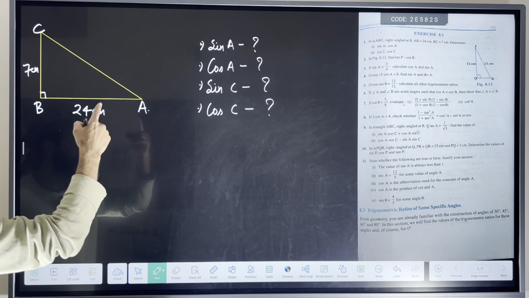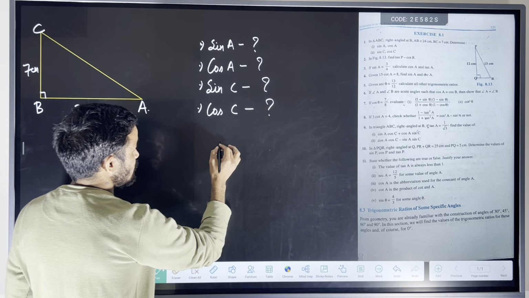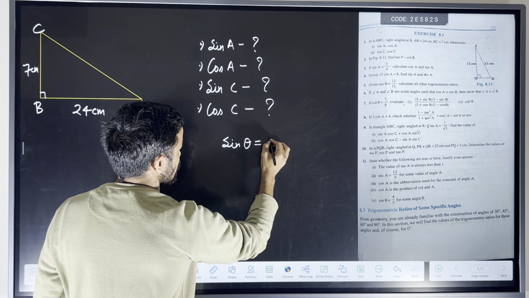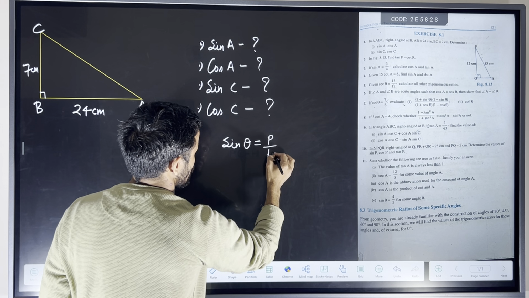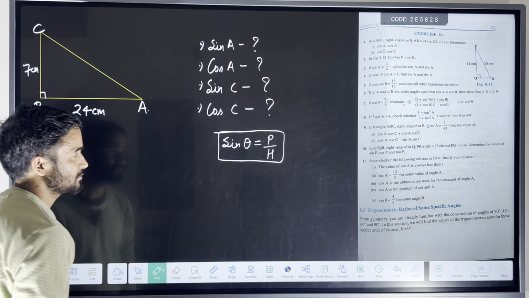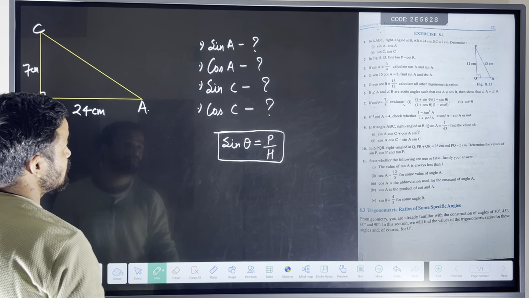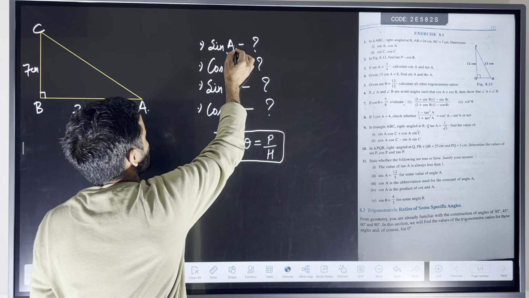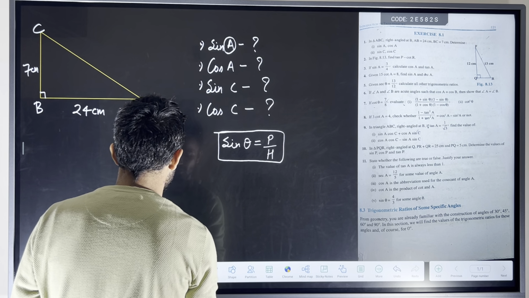As we all know, sine theta is equal to perpendicular upon hypotenuse. Now here the angle is A.